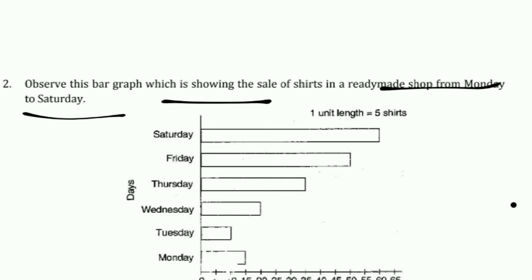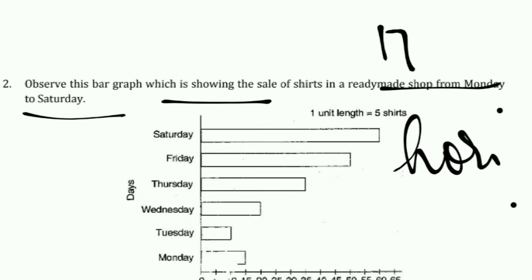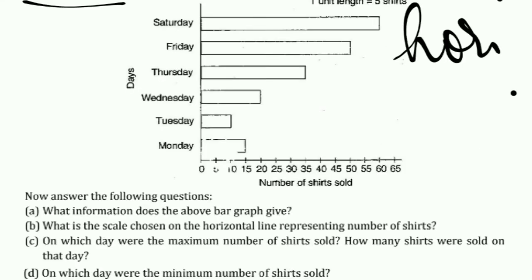Observe this bar graph which is showing the sale of shirts in a ready-made shop from Monday to Saturday, and this graph represents horizontal, okay, and vertical like this. In this one, first question, what information does the above bar graph give?